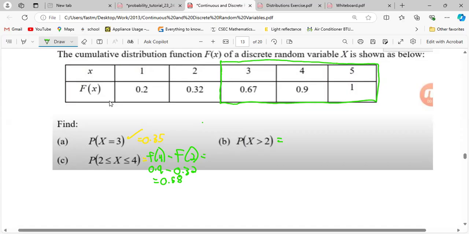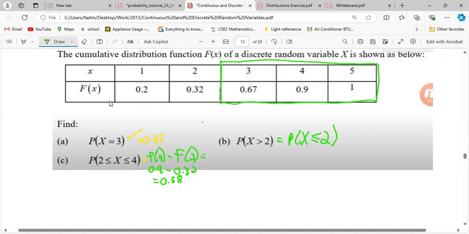So you can rewrite this in an easier way, because everything more than 2 is the complement of the probability x is less than or equal to 2. If you look at it properly, more than 2 starts at 3. So if I want to know this, I can just carve this out, because it's the same thing.